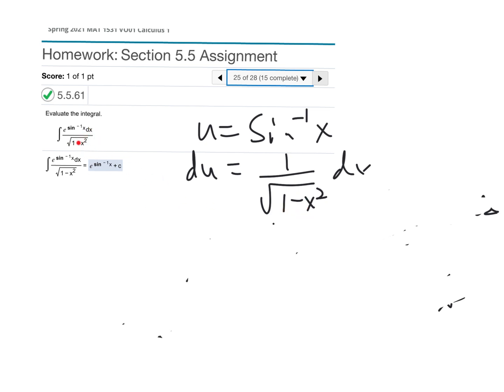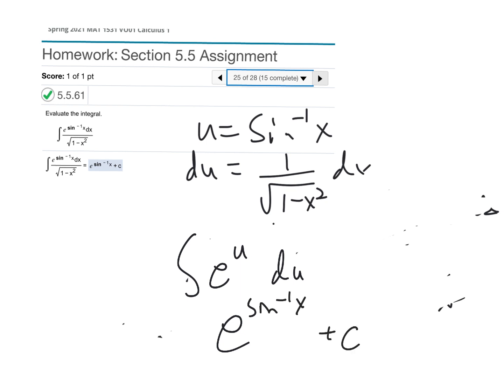So this all can be replaced with what my desired outcome was, e to the u du, and we know what's the antiderivative of e to the anything? Well, itself. And of course, we know that u is the arc sine of x, so e to the arc sine of x, plus a constant, and you'll see that's what the answer was. Okay, so that's a pretty cool substitution.